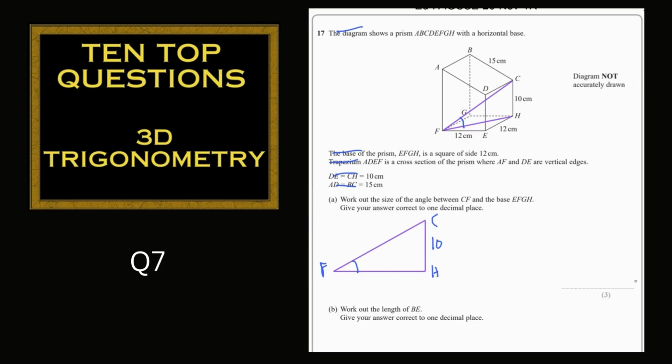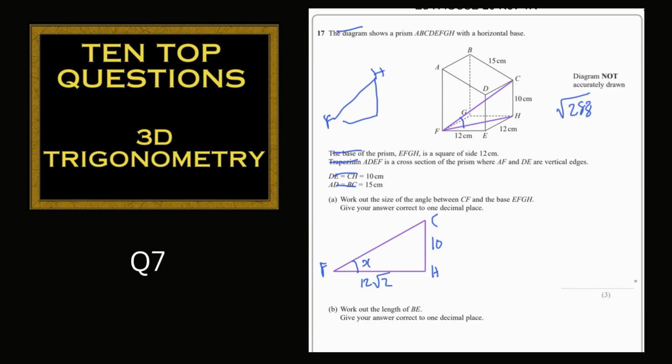Well, as usual, whenever you've got the base, you've usually got the measurements, and looking down on it, F to H is the hypotenuse of a right angled triangle. Let's crack on. 12 squared plus 12 squared square rooted is 288 for F to H. Your calc will simplify that to 12 root 2.